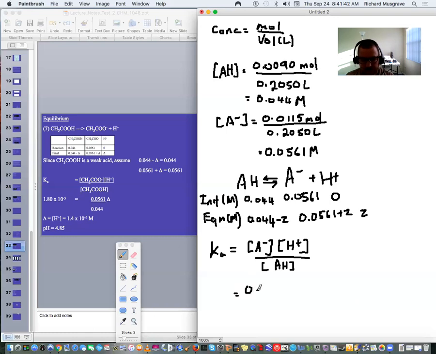So the A minus here is 0.0561. Oops, I did forget one step here. We assume it's a weak acid. So 0.044 minus Z is going to approximate out to 0.044, and the 0.0561 plus Z will approximate out to 0.0561.